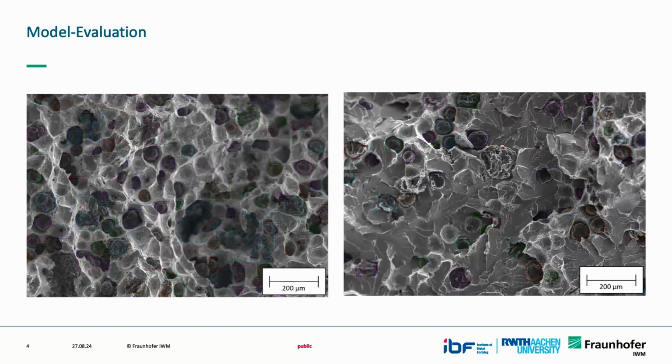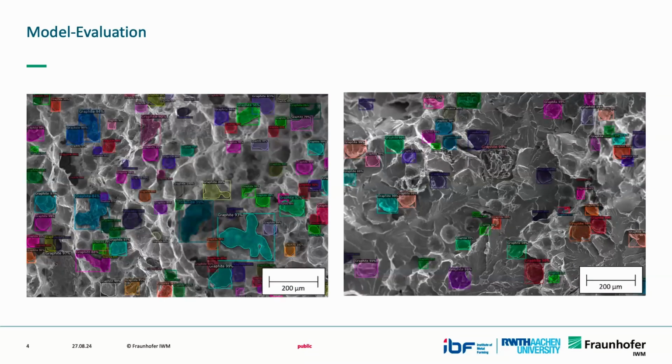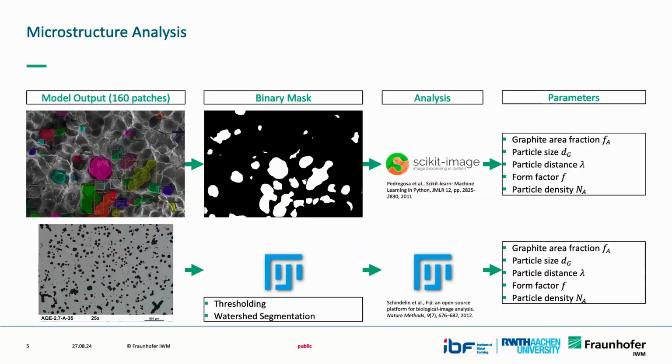You see here a more ductile damaged fracture surface, and you see here more cleavage. And you can see here that the graphite nodules in most cases are captured very, very accurately by the AI model. This is the test data set. So we can assume that the model does its job.